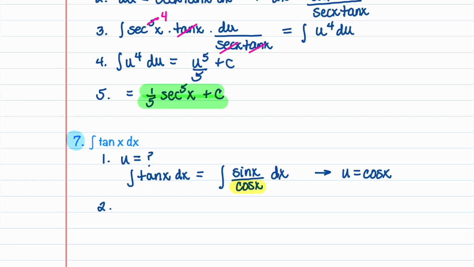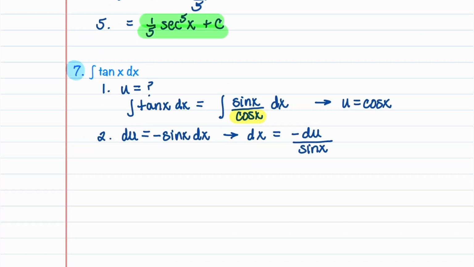Our second step is to calculate du. Du is minus sine x dx. So dx is minus du all divided by sine x. Now let's go ahead and substitute this into our integral.